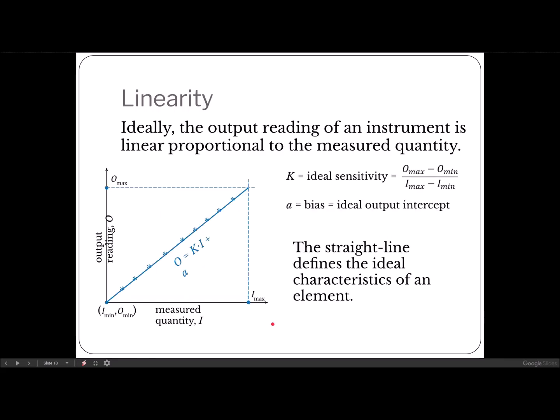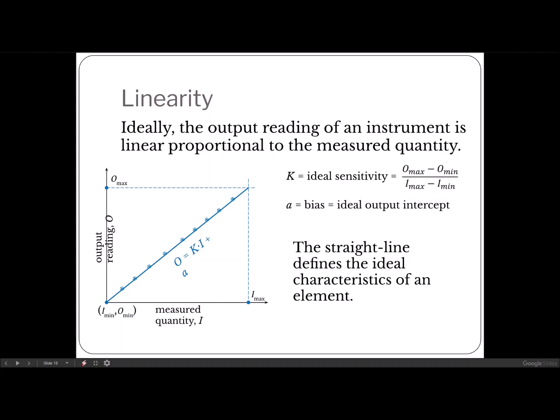Okay, the next one is linearity. So what is linearity? Ideally, if you have a measurement device, an indirect measurement device, let's say the simplest example is probably the digital thermometer.